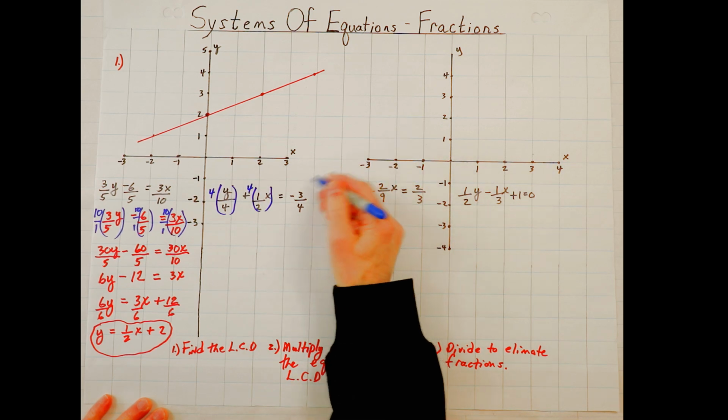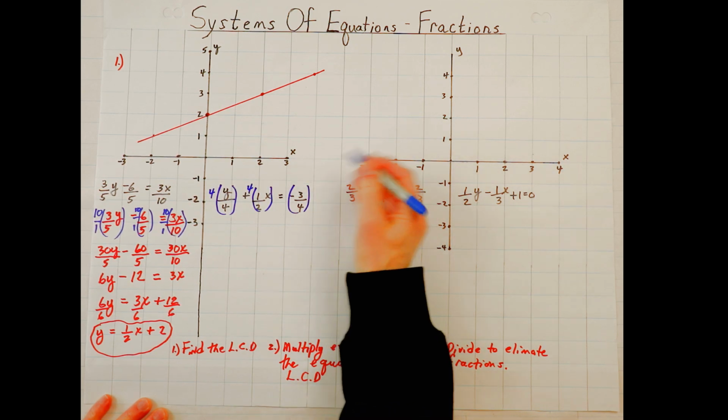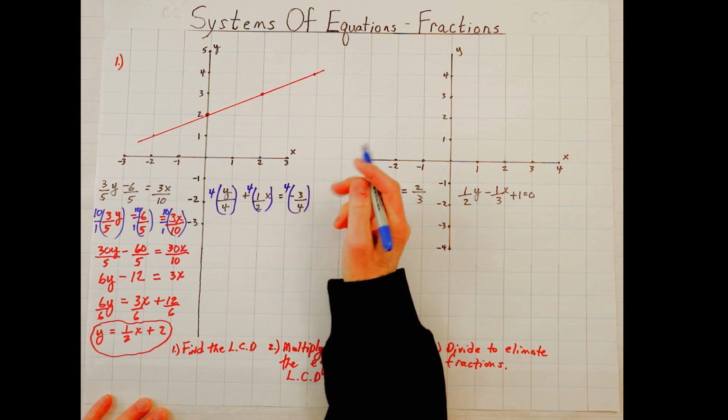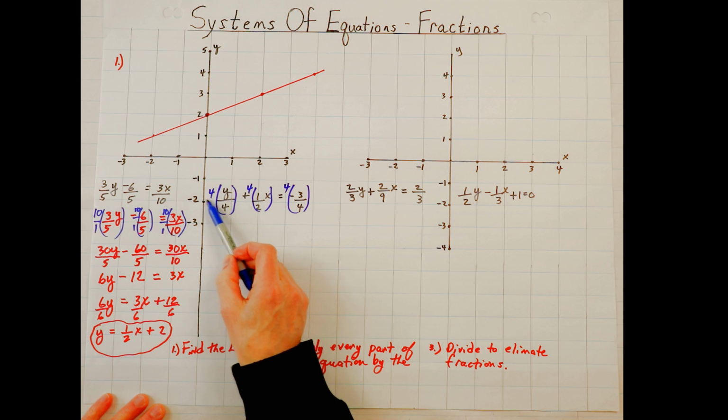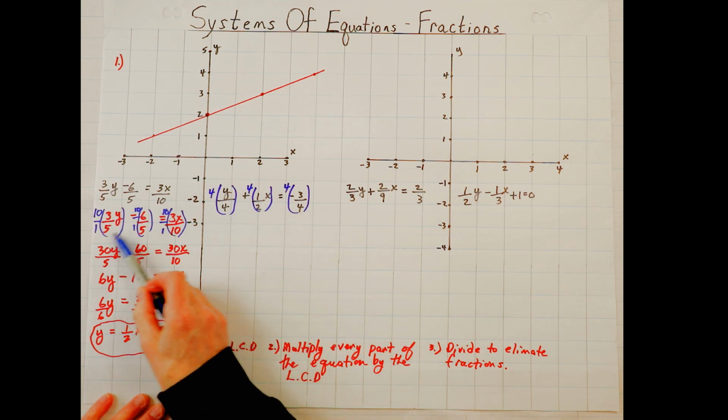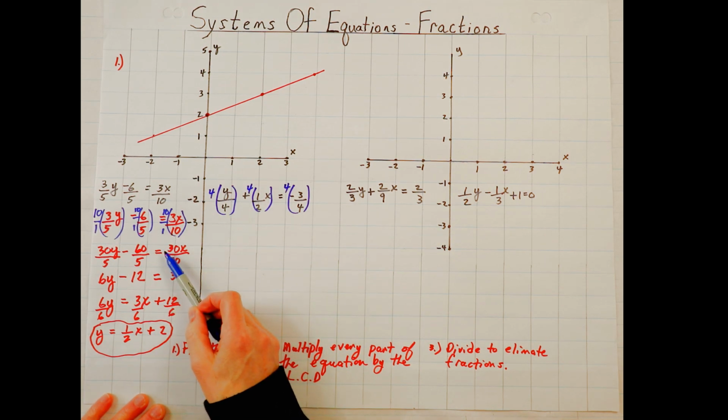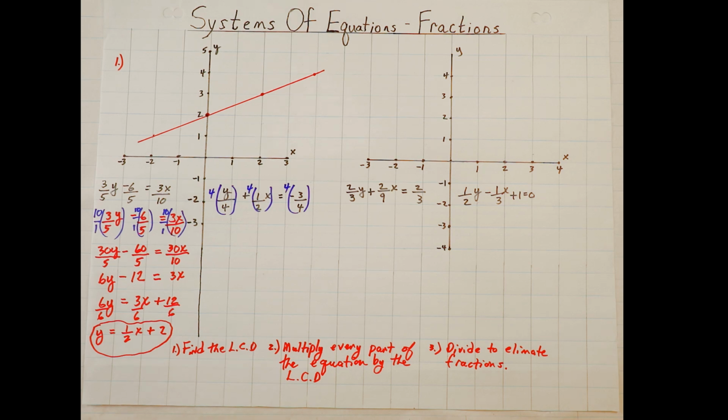Even if there were a whole number here, we would still multiply that whole number by 4. Now, I'm not going to put the 1 underneath the 4. I wanted to show you that in the first example. But when we're multiplying by the LCD, it's just the numerator that gets multiplied, okay?